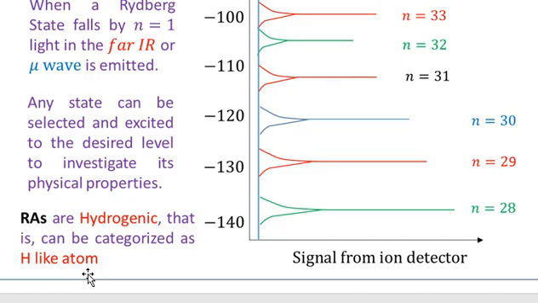And because the outermost electron in higher quantum states has an electronic charge equal to minus e, you can regard them as hydrogen or hydrogen-like atoms. So such atoms are also regarded as hydrogenic.